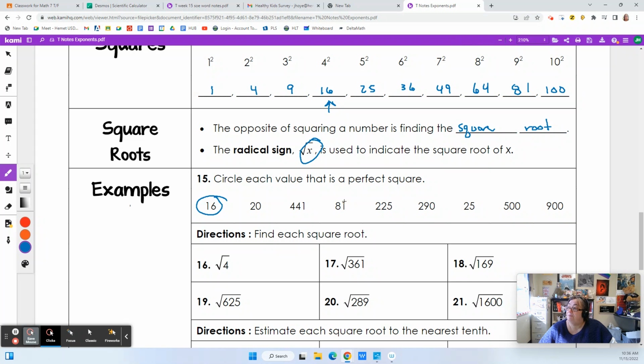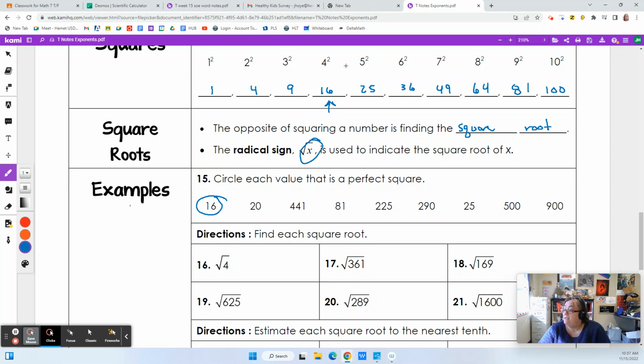You can kind of look up here because you can see we go 16 to 25, right? So no number times itself. It would be something between 4 and 5, but there's no whole number between 4 and 5 that could equal 20. So 20 can't be a perfect square. Does that make sense?